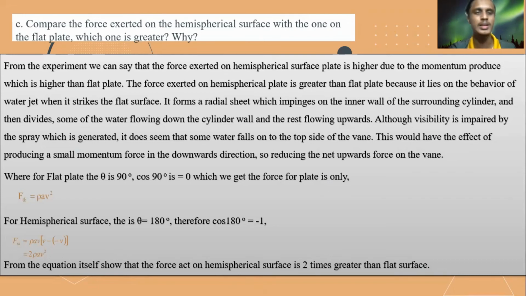For the hemispherical surface, theta is 180 degrees, therefore cos theta is -1. So we substitute and end up with 2 rho A V squared. The equation itself shows that the force acting on the hemispherical surface is 2 times greater than the force exerted on the flat surface.